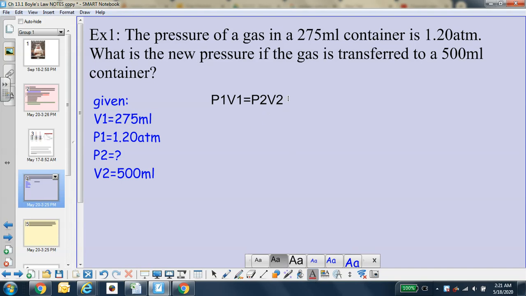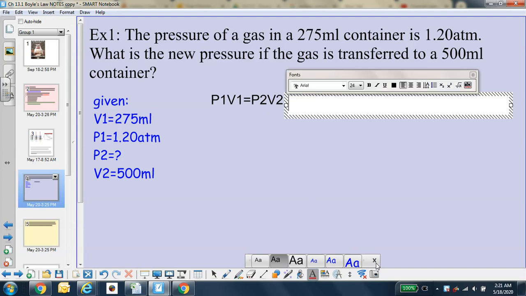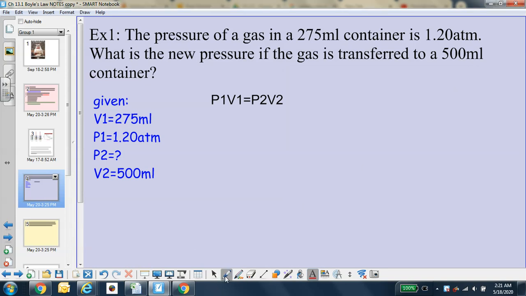So what I need to do now is, if I want to get pressure 2 by itself, I need to undo the multiplication happening between it and volume 2.